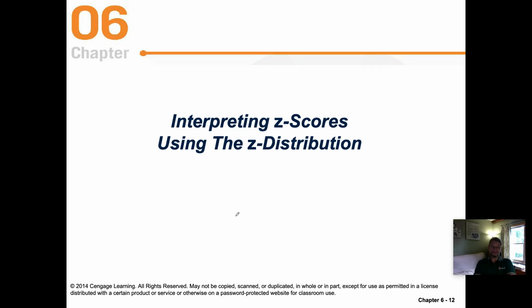All right, and so what we're going to do in this video is begin to learn how to interpret z-scores using the z-distribution. Now, again, remember from the previous video that the z-distribution is simply a normal distribution that shows the standard deviations away from the mean.